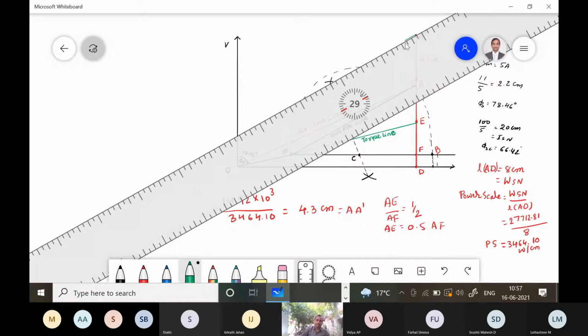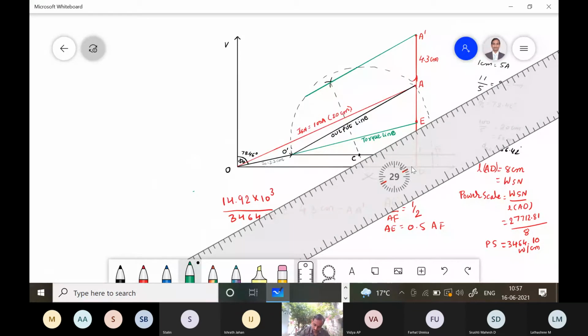So that will meet the semicircle at some point. Okay. So this point is called the P point.